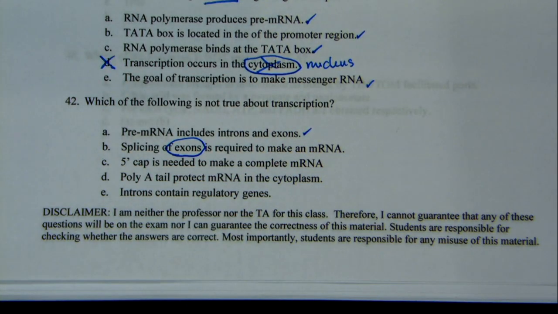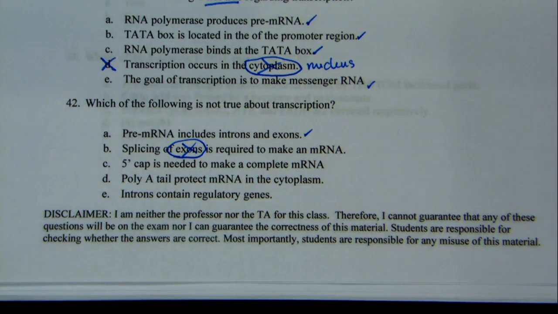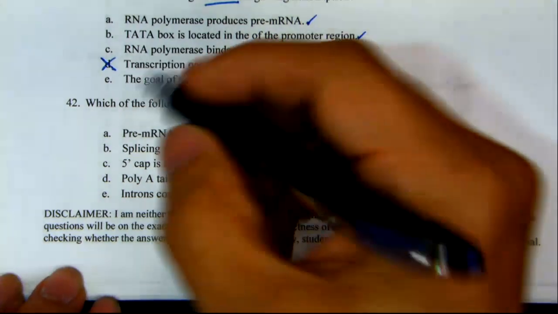What's wrong with this? Splicing introns, instead of exons. What's the difference between intron and exon? Exons include the coding, the codons. Introns don't, so we need to cut them out. The process of cutting, we call splicing. So this one is not true.